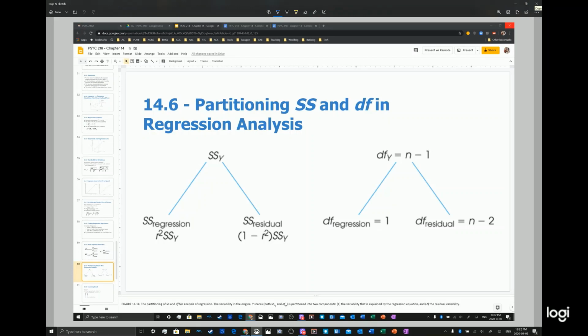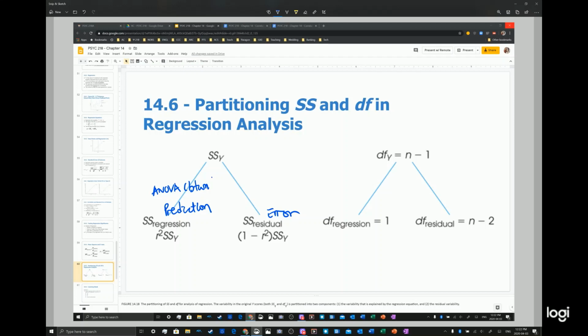Just like we can partition sum of squares and degrees of freedom in ANOVA, we can also partition the similar sum of squares here for regression and residual. Residual here, think error. And regression here, think prediction. For ANOVA, analysis of variance, we think treatment effect. So for ANOVA, your sum of squares regression would be the sum of squares treatment, quote unquote, or sum of squares between.